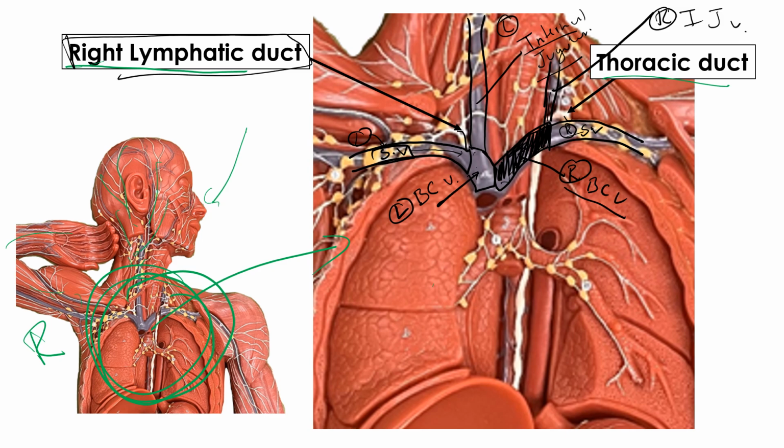So anyways, the thoracic duct drains into the subclavian vein, which then carries the blood. And then when these two brachiocephalic veins, the right and the left, fuse, they form a single blood vessel. Let me change this to blue.